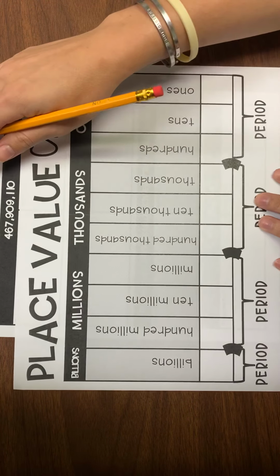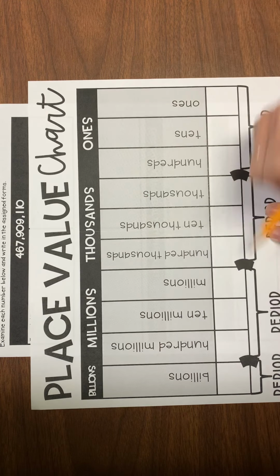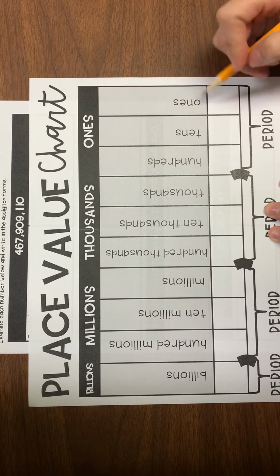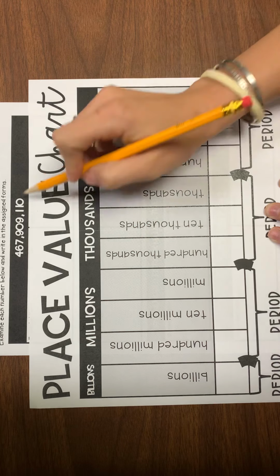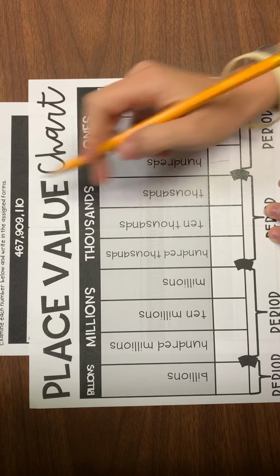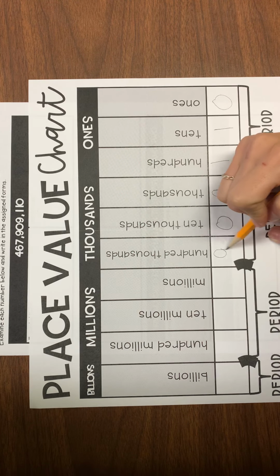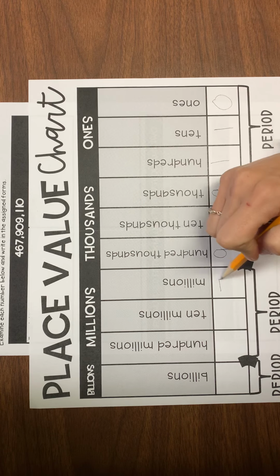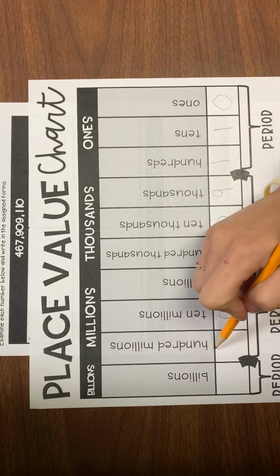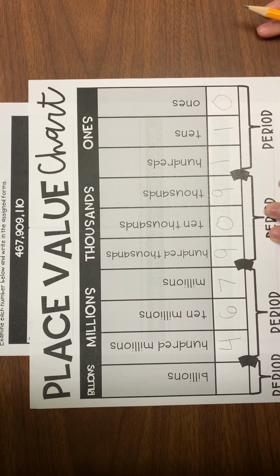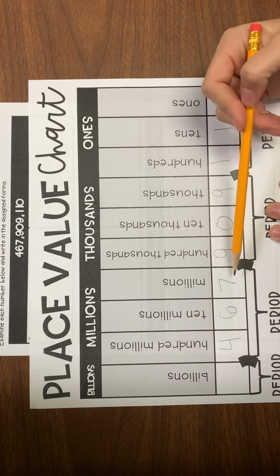I know that because if I fill in these numbers into our place value chart down here, let's start with the ones place: we have a 0, tens place we have a 1, hundreds place a 1, thousands is 9, 10,000s is 0, 100,000s is 9, millions is 7, 10 millions is 6, and 4 in the 100 millions place.